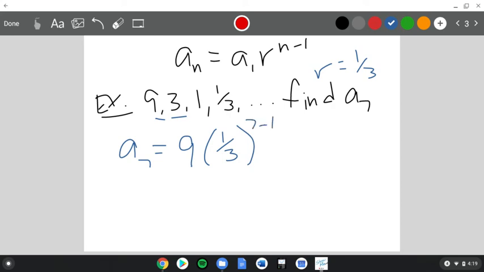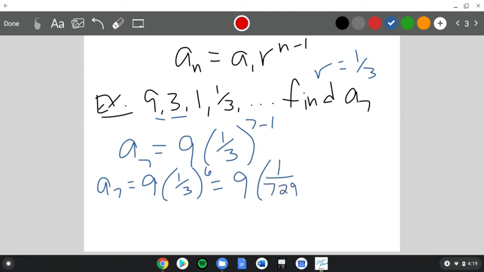So you cannot multiply the 9 times the 1/3. We have to do 1/3 to the 6th power first, and then multiply by 9. So 1/3 to the 6th power is 1 over 729. You would do 1 to the 6th and 3 to the 6th.